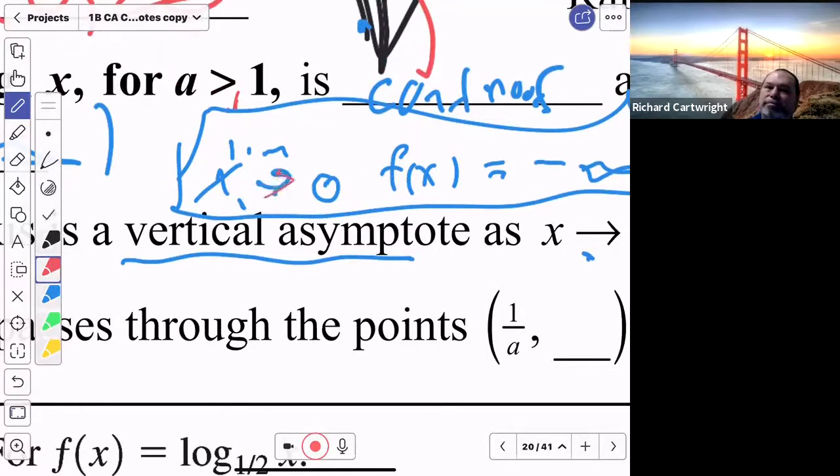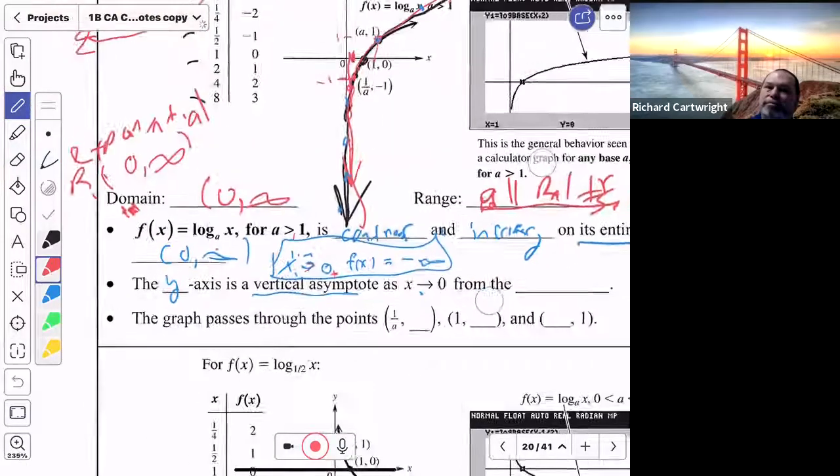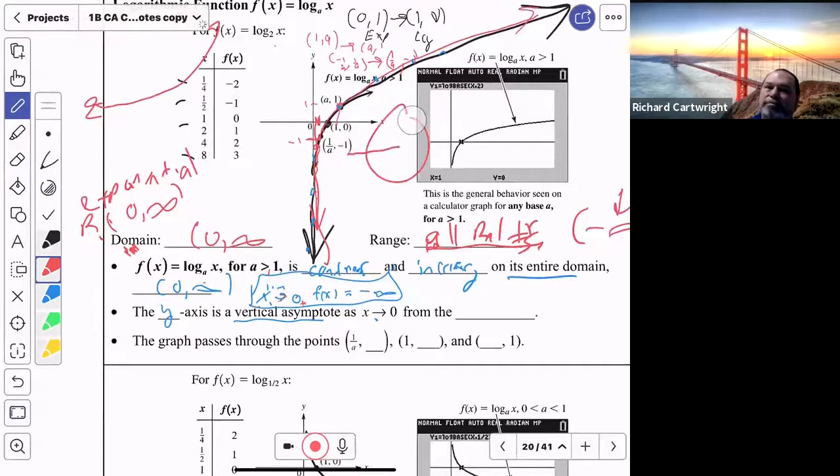When I'm approaching 0, I'm approaching 0 from the right. So I put a plus sign there. That means I'm approaching 0 from the right. Because obviously, if you look at the picture, I can't approach 0 from the left because there's no function over here. I can only approach 0 from the right, and I'm approaching the y values way, way down there. The y-axis is a vertical asymptote. Oh, right, I guess if I would have read that first, I might have acted smarter.